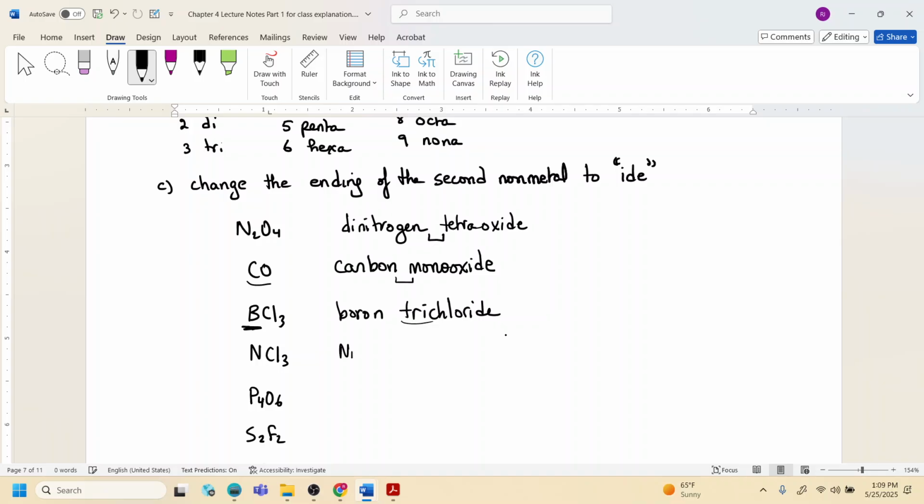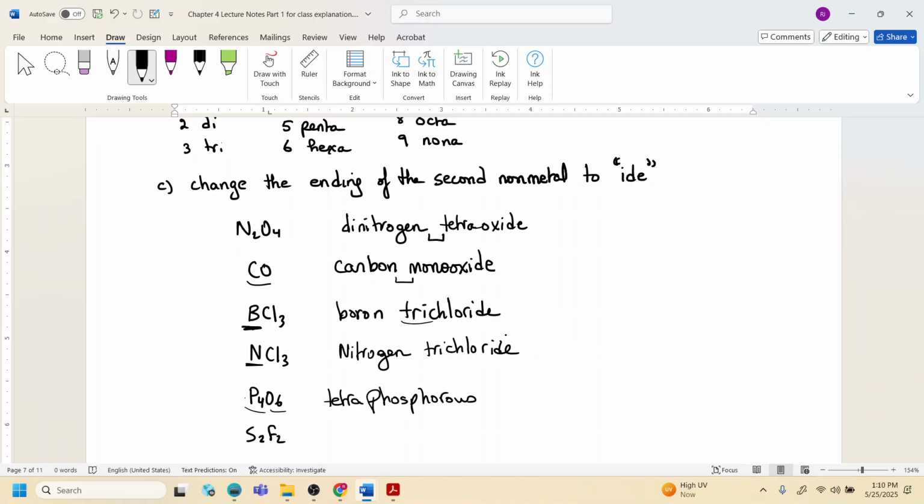This one is going to be nitrogen. Don't use mononitrogen if you have one atom at the beginning of the compound. So this is going to be nitrogen trichloride. Here I have 4 phosphorus, so I have to use the prefix for the 4, right? 4 stands for tetra, so it's going to be tetraphosphorus.